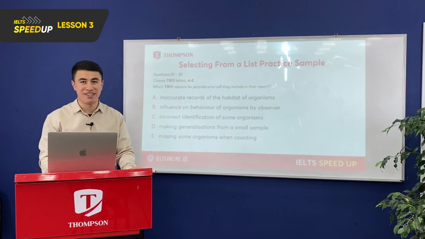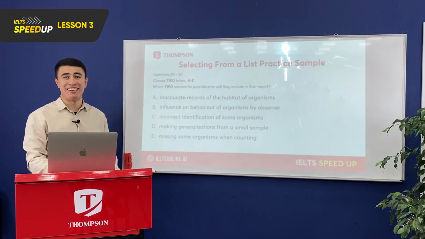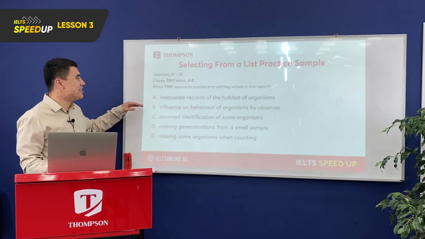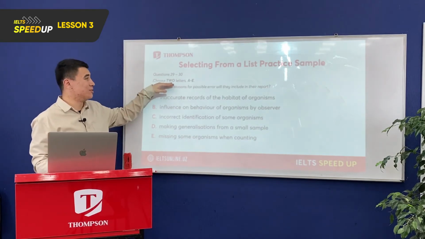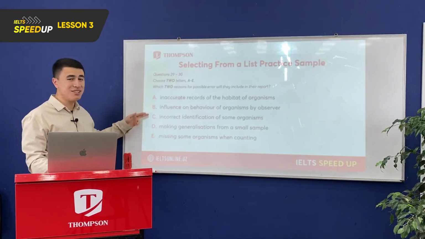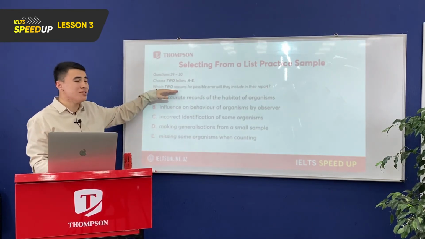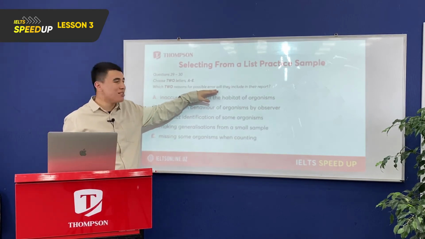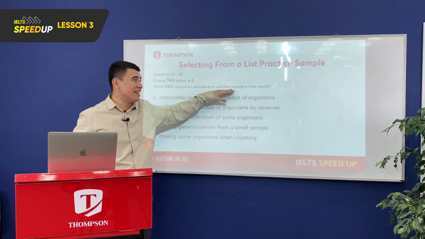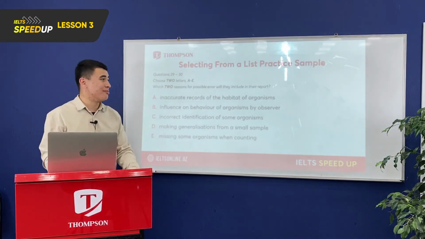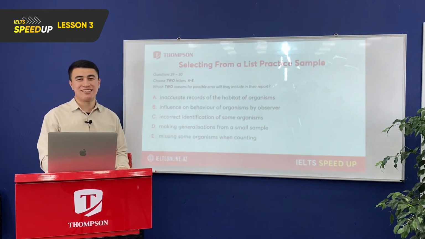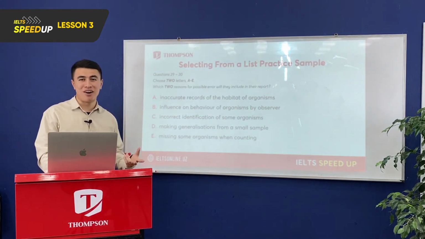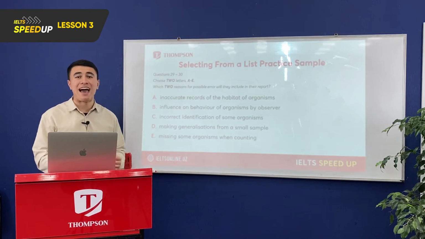So question number 29 and 30. Here you have to choose two letters from A to E and which two reasons for possible error will they include in their report. So students should choose two possible errors they may have.